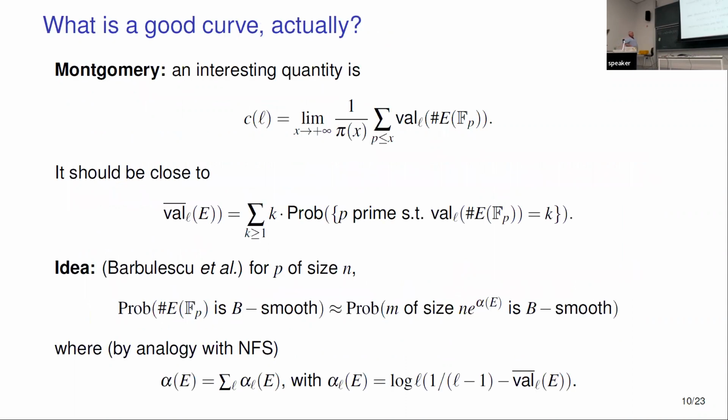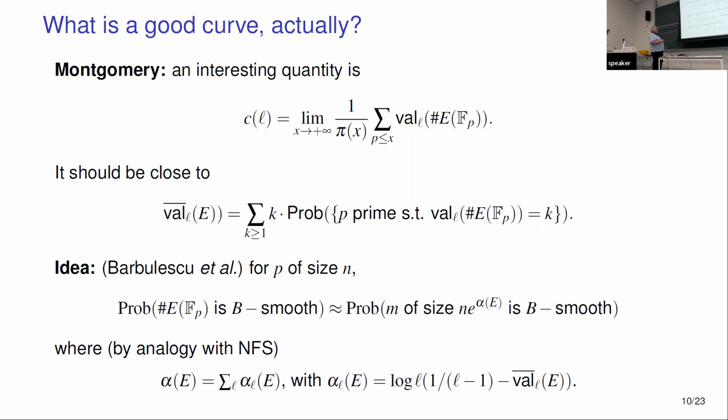Okay, so what is a good curve? It took some time to define properly what a good curve can be. This is based on first ideas by Montgomery, and then more recently by Bouvier and co-authors. You see, what you're interested in is this quantity here.